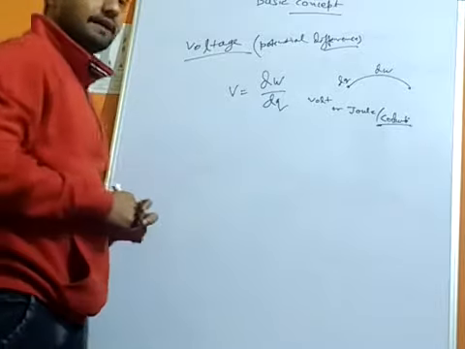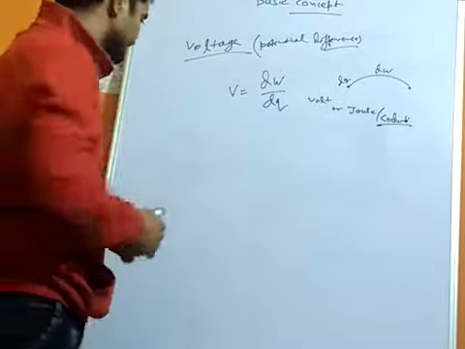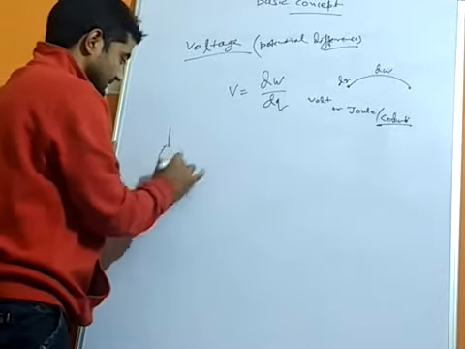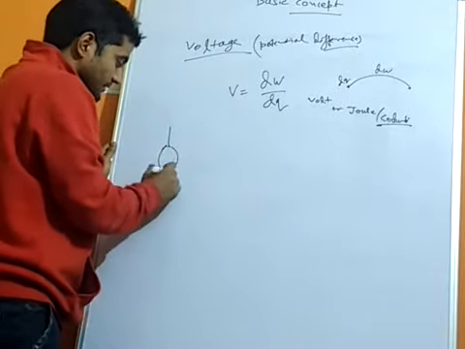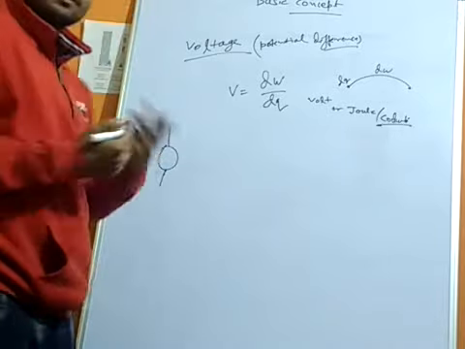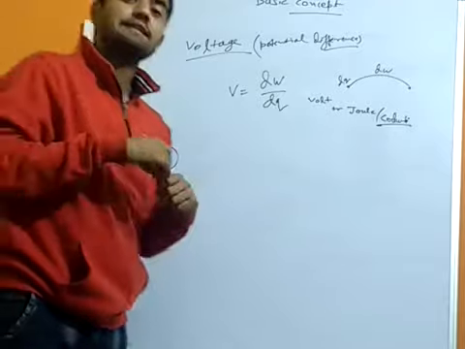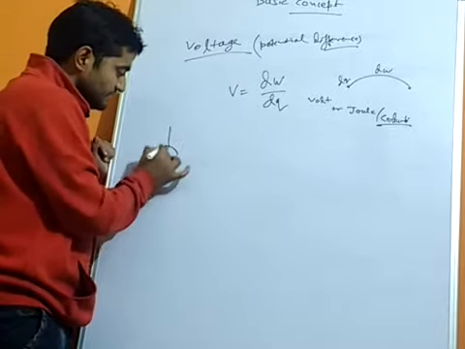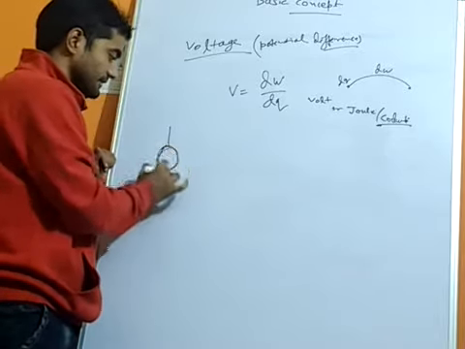Okay. Now again we come to the voltage source. So similar to the current source, here the same circle is drawn. Here I am discussing the independent voltage source, and just now I have discussed the independent current source. So in independent sources we used a round circle.